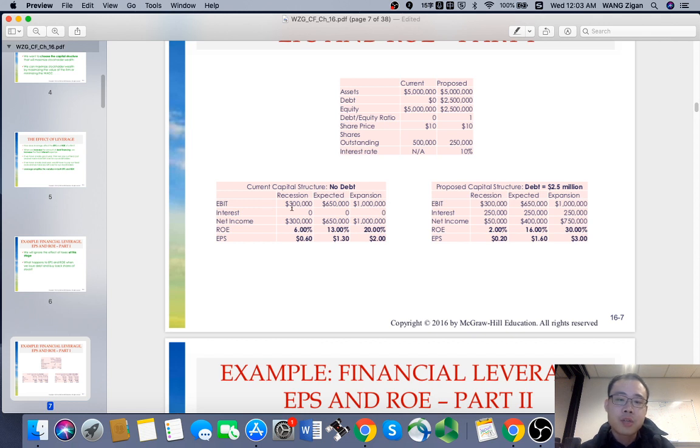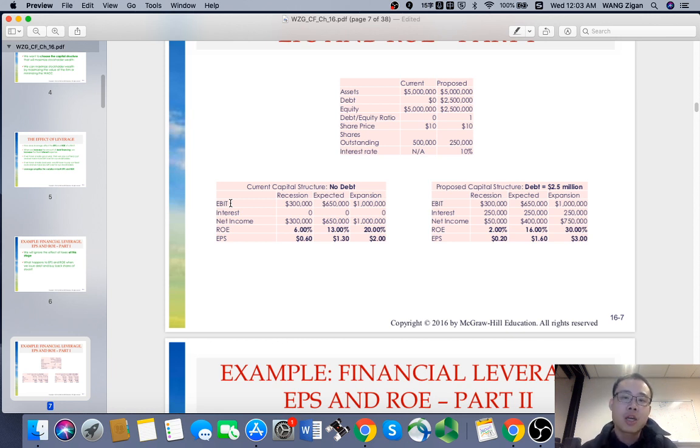Don't question where we get these numbers. These numbers are made up, we just assume this. Under this capital structure, because we have no debt, we have no interest expense. Therefore, the interest expense is zero, and the net income will be just the EBIT. EBIT, I hope you still remember, is the earnings before interest and taxes.